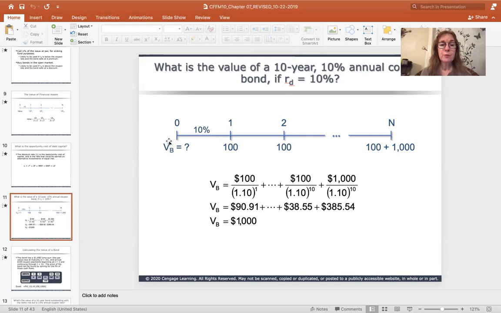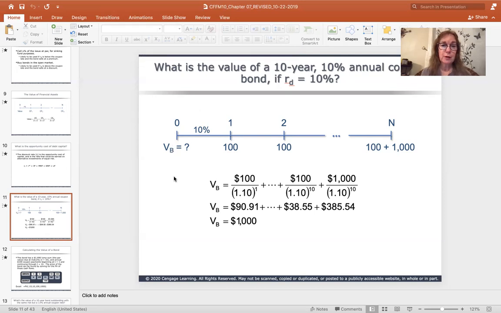But if after the bond is issued the interest rates increase, then this bond is going to sell at a discount. It's an inverse relationship: when market interest rates increase, then existing bonds are going to sell at a discount.